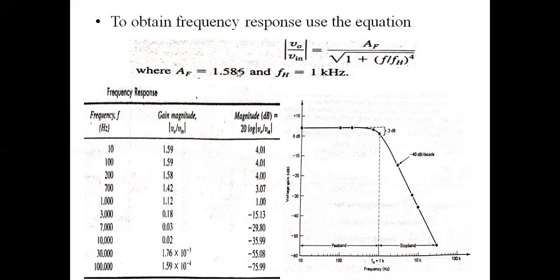Okay, and now substitute the values for the given example. For the cutoff frequency they have given 1 kilohertz, and the passband gain, you know it, is 1.586 for the second order filter.